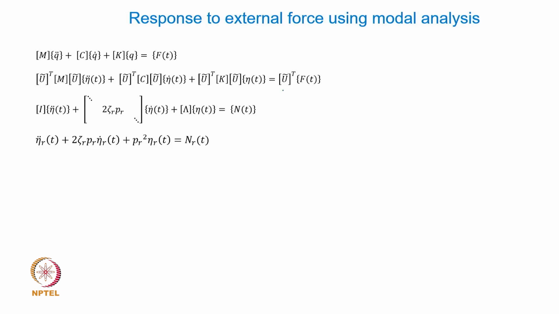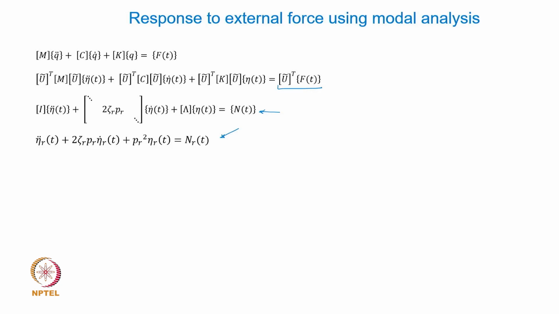Now, pre-multiplying by the transpose of the normalized modal matrix will generate the generalized excitation force. These are generalized forces. So, the rth equation will give you an equation similar to our single degree of freedom forced vibration equation, m x double dot plus c x dot plus k x equal to f of t, same as that.